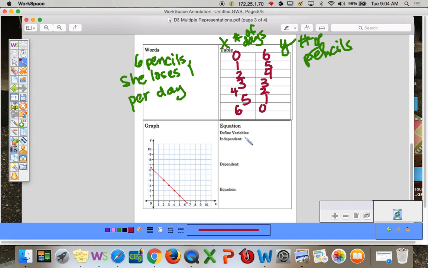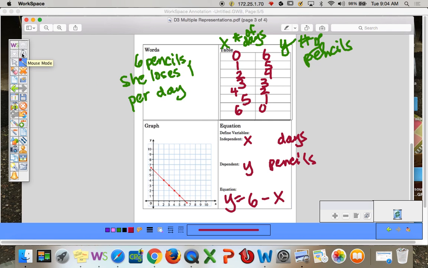Okay, so again here, X and Y, number of days, number of pencils. Let's write the equation. So the y-intercept starting value, I start with 6 pencils, and I lose 1 pencil per day. So I can write 6 minus x, or 6 minus 1x.